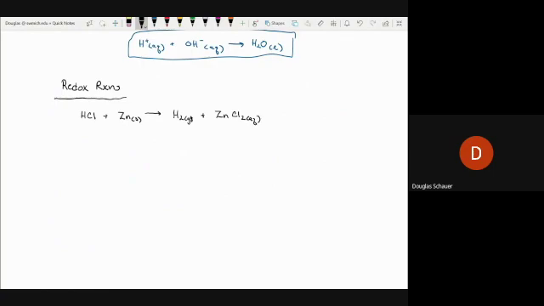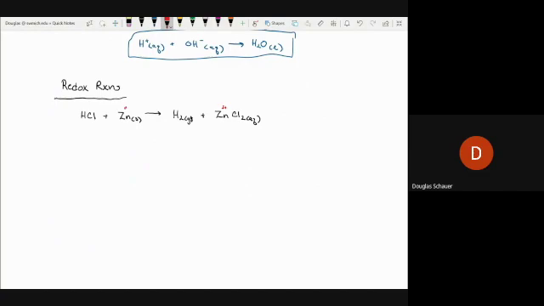Okay, now in this reaction, we have things changing their charges. Okay, clearly, when zinc's all by itself, it doesn't have any charge. But if it's involved in a bond with two chlorides, it must have its +2 charge. Okay, so we need to talk about how that's happening.